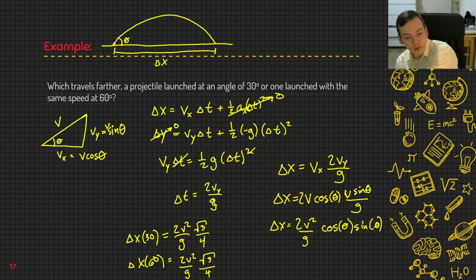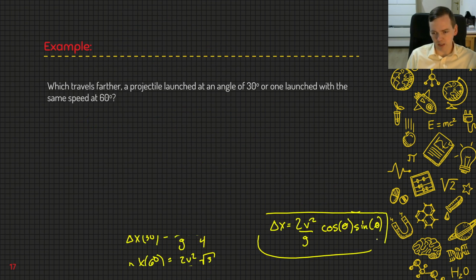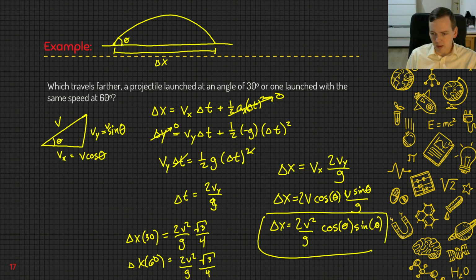So actually, both of these travel the same distance. Since we derived this general equation for the range of a projectile, you can see which numbers are going to get bigger and smaller, and you can compare different angles and find ones that do vary.